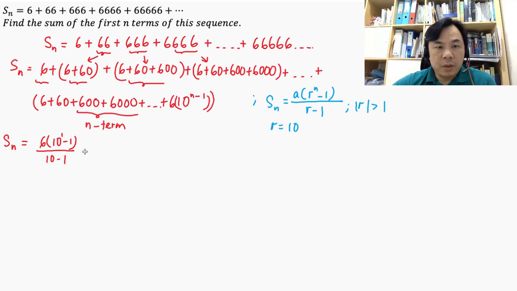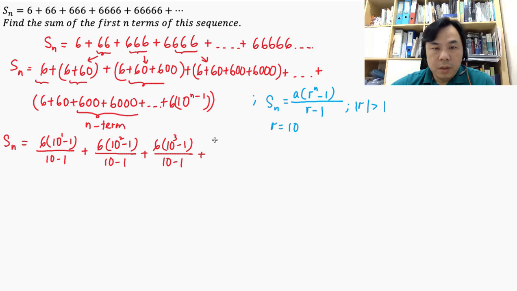Right now, that's my first term. Then the sum of all the terms in the second bracket will be given by 10 to the power of 2 minus 1, also over 10 minus 1 here. And then my third term will be 10 to the power of 3 minus 1, also over 10 minus 1. And then my fourth term will be 10 to the power of 4 minus 1, divided by 10 minus 1.